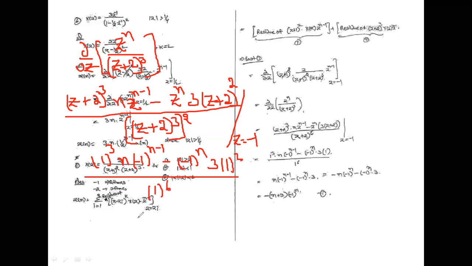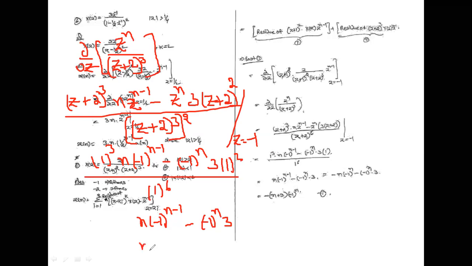What is remaining here? N into minus 1 whole power n minus 1 minus minus 1 whole power n into 3. 1 power 6, anything is 1 only. Got it, my dear students?